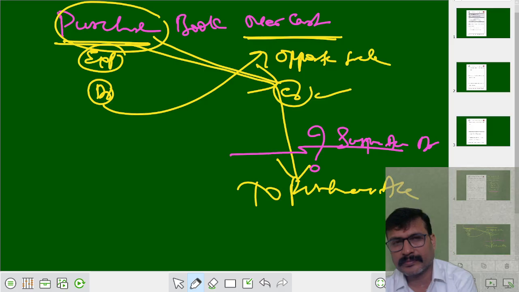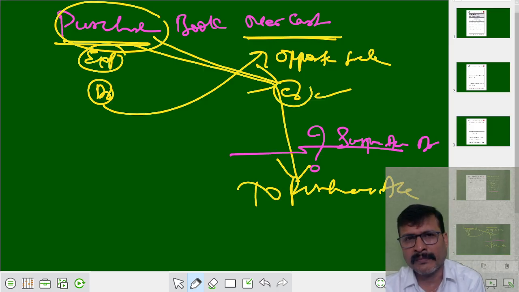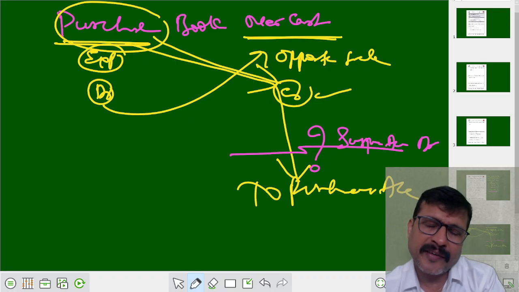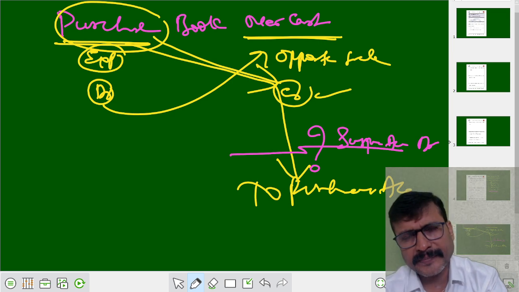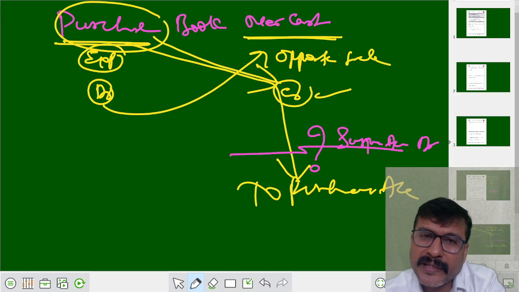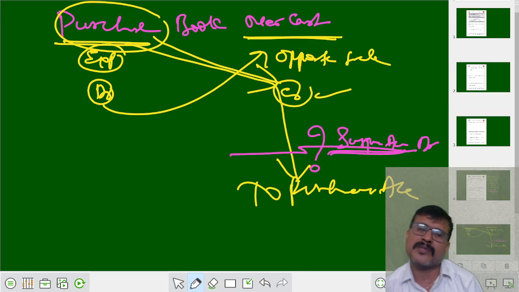I hope my dear students, did you understand how to pass the entry for this? Keep the purchases on the opposite side because of over cost. Then what to take on the debit side? We have to take suspense account. That is how the suspense account appears.